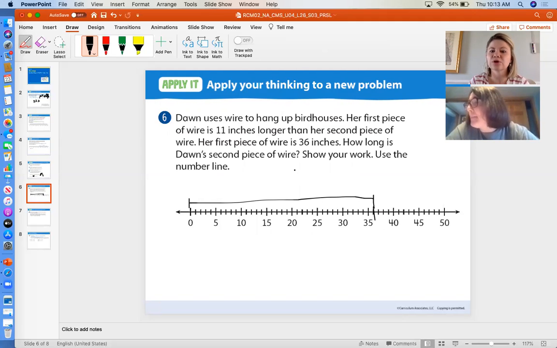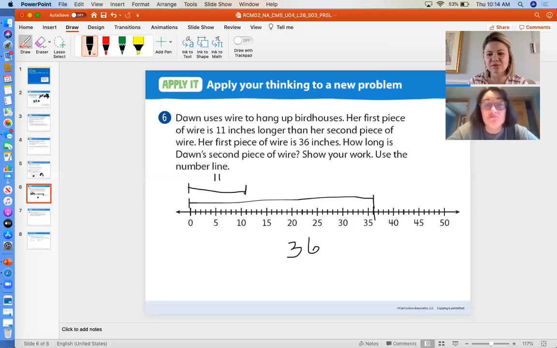Her first piece of wire is 11 inches longer than her second piece, right? So what I would do here, I think, is draw another line to 11. And this is what I have to subtract, right? Now, I think I would then just use standard algorithm, 36 minus 11, to find the difference.